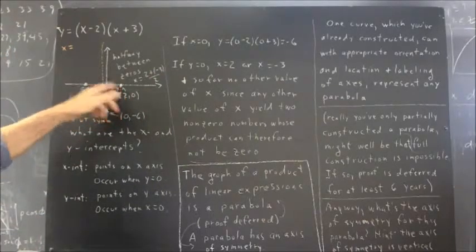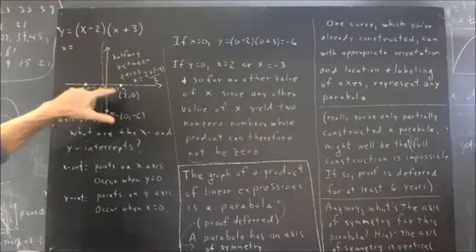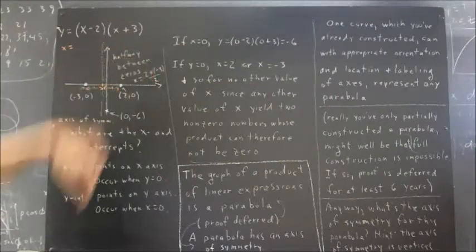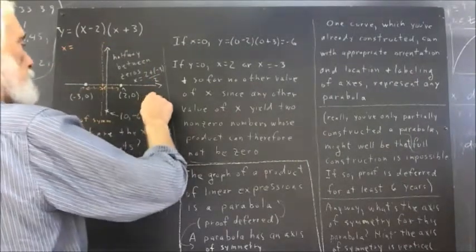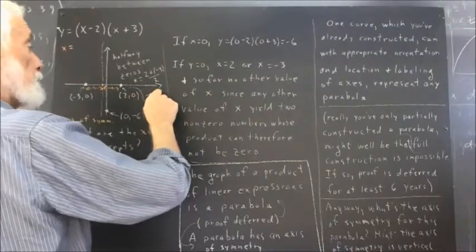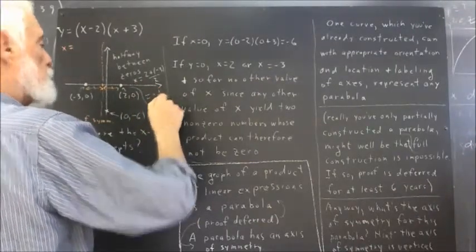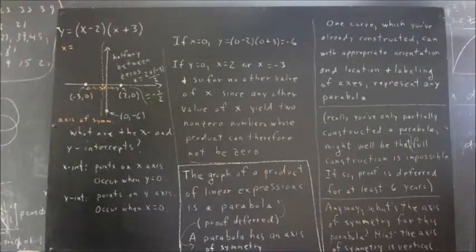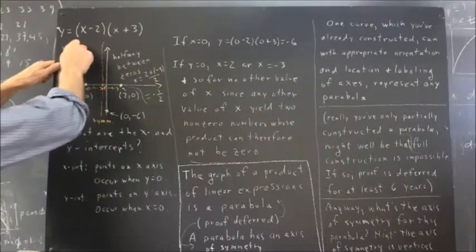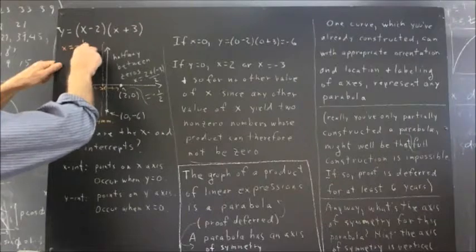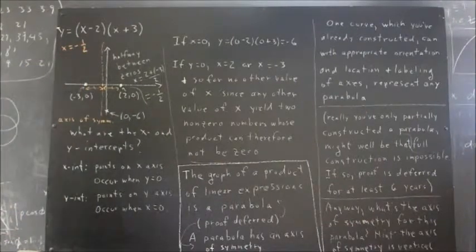Because to get the point halfway between 2 points on the x-axis, you average the 2. And you should understand very thoroughly why you do so. So that's then negative 1/2. So the axis of symmetry is x equals negative 1/2.